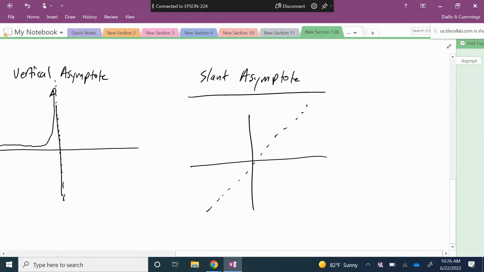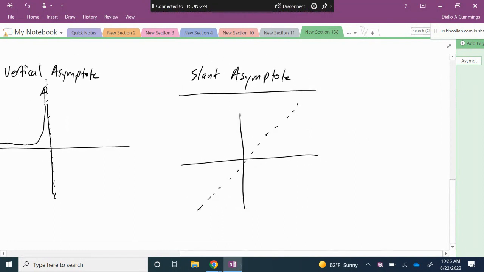It's not actually a part of your graph. We would have our graph get closer and closer to the line, but never actually touch the line. So we have the three types of asymptotes, and our objective is to identify these asymptotes and also write out the equation.